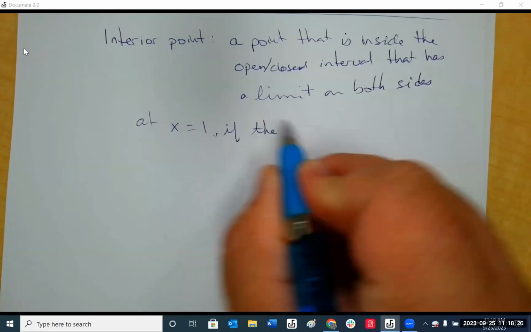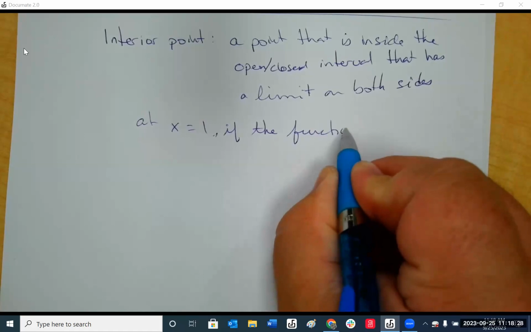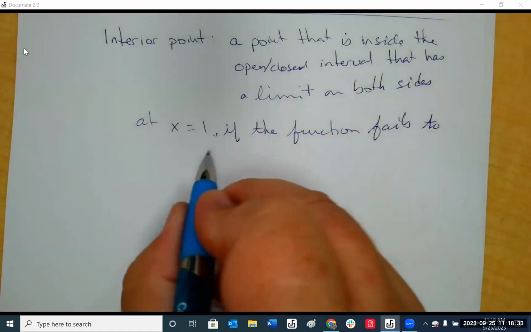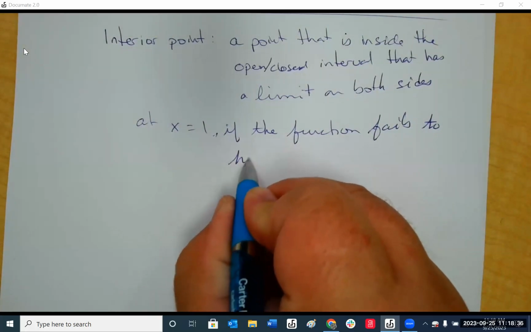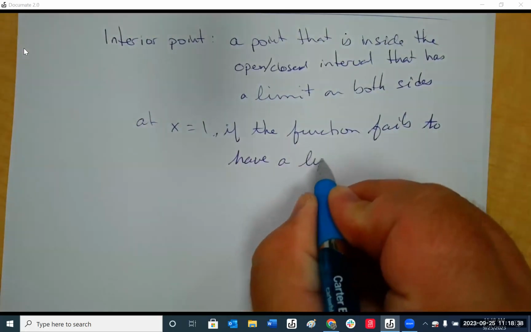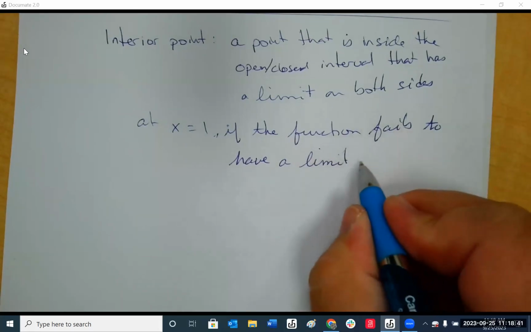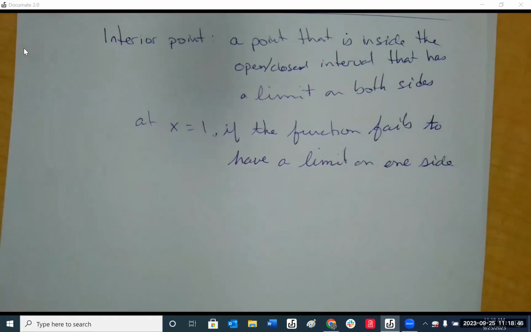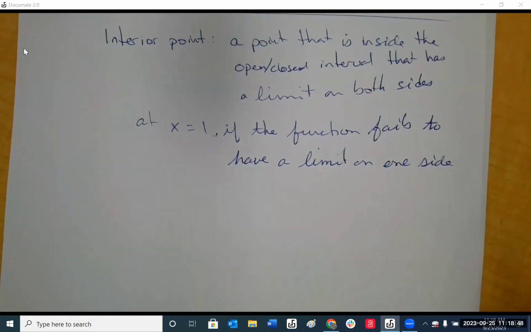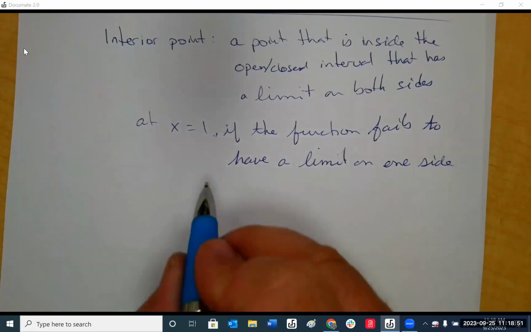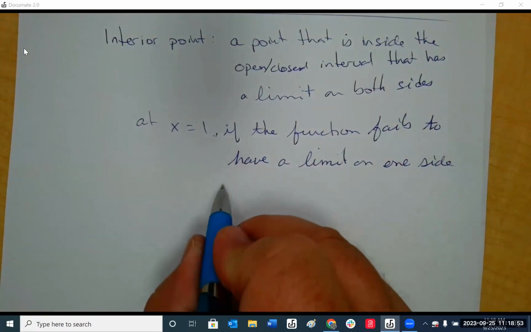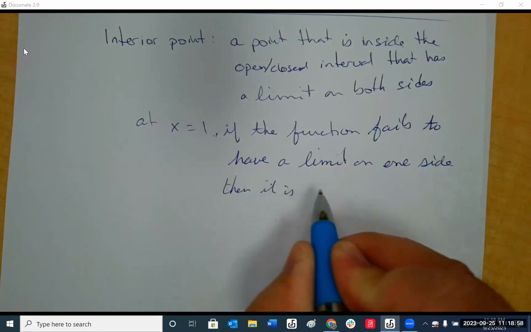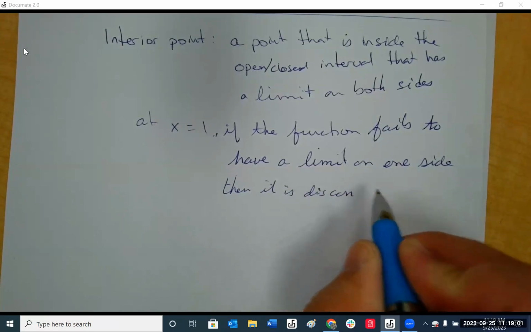If the function fails to have a limit on one side, or both actually, then it is discontinuous.